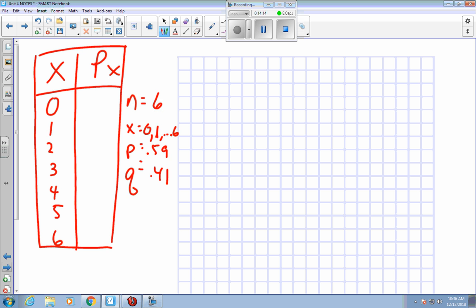But like I said, you don't need the q. I'm just going to fill in that table, 3 decimal places. The x is 0 through 6, all the possible values that can happen.